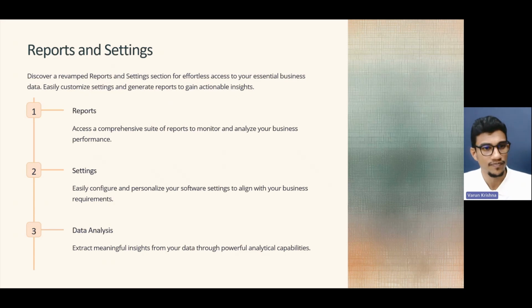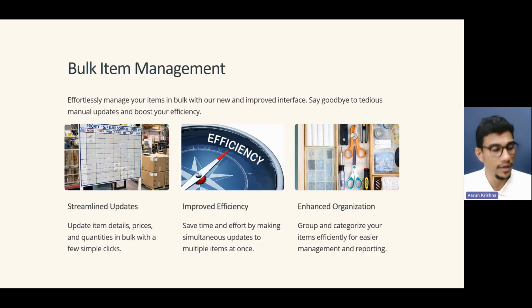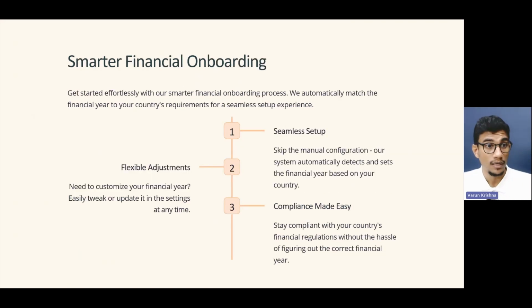We have revamped it. Then we have bulk updates management, where you will be right now having the option to update the details of items in bulk. Then smarter financial onboarding, where the system will be directly fetching the details of your financial year with respect to the country associated to the country in which your workspace was created.